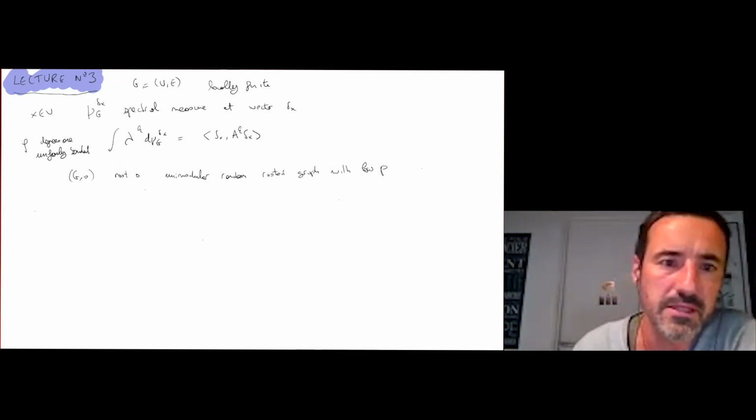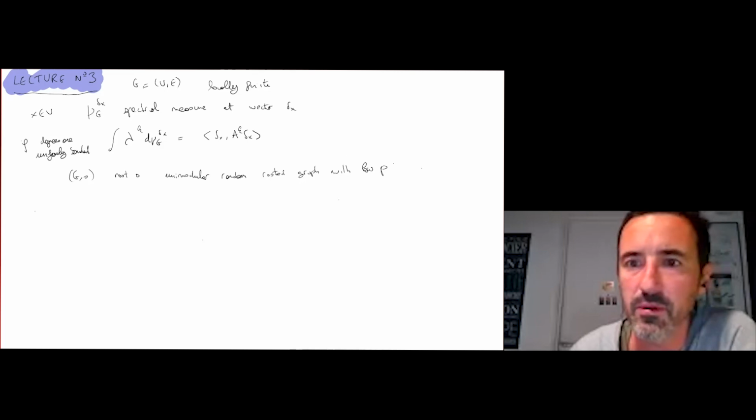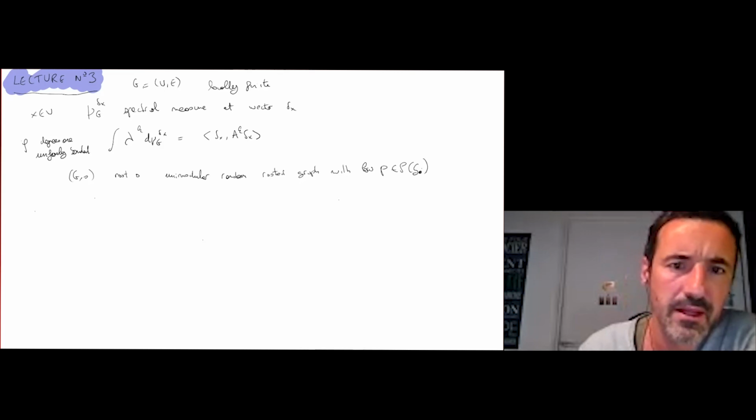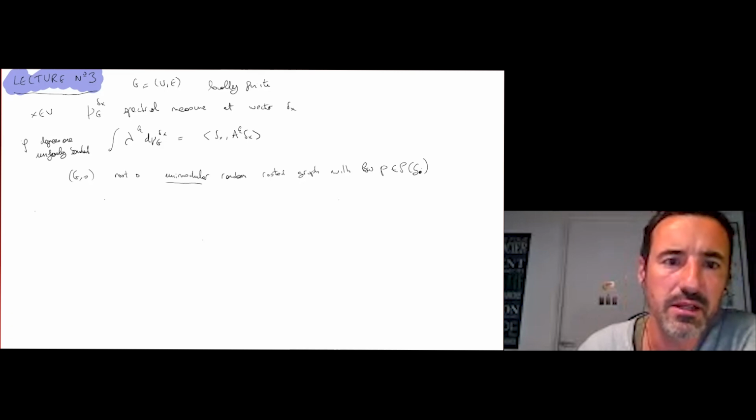So what does it mean? It means that rho is a probability measure on rooted graphs, which I was denoting like that. And the fact of being unimodular implies that it satisfies a mass transport principle that you can write.